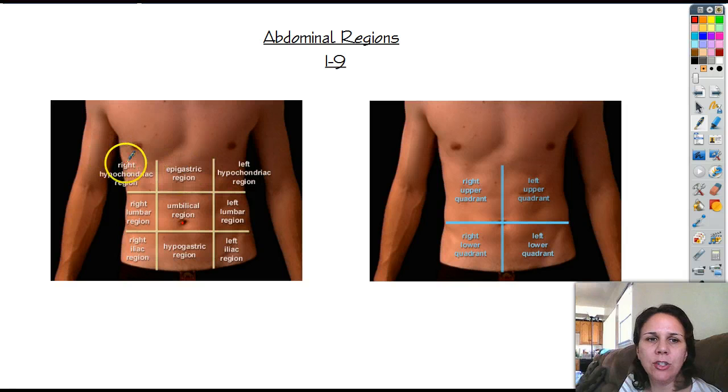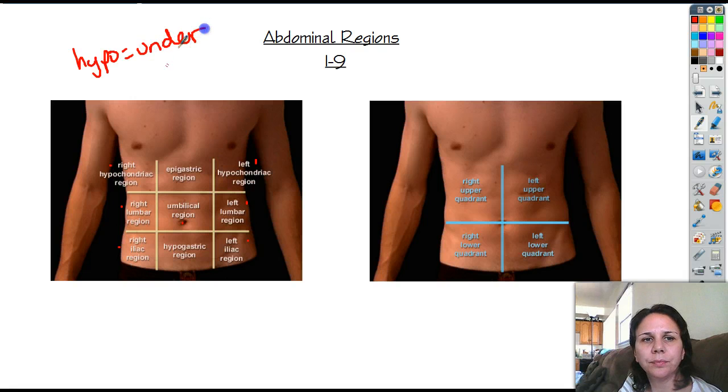If we go to the right, you can see right is carried through all 3 on the side, left is carried through all 3 on the side. So right, hypo. Hypo means under. And then the chondriac part actually has to do with cartilage.